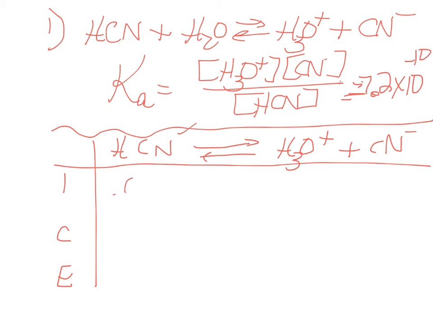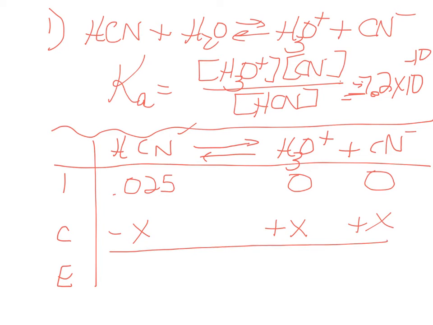It is 0.025 molar. And of course our product, we don't have any product to begin with. And we're going to use x's again. The reactant is going to decrease by x, and each product is going to increase by x. Therefore, the equilibrium concentrations are here.